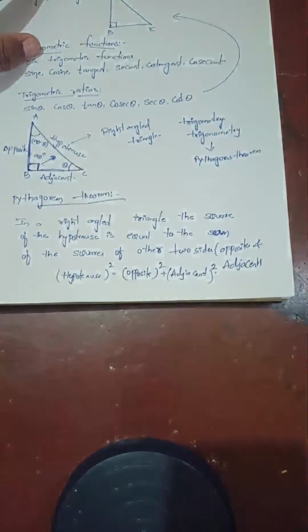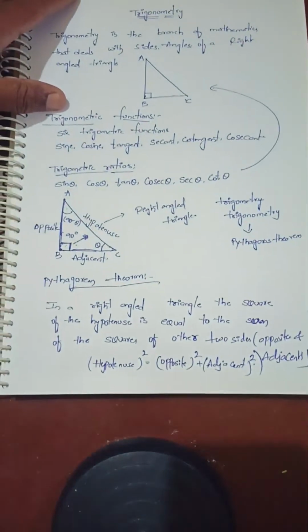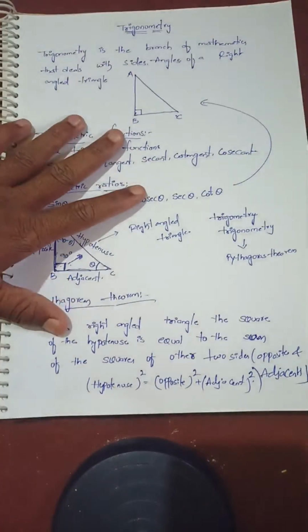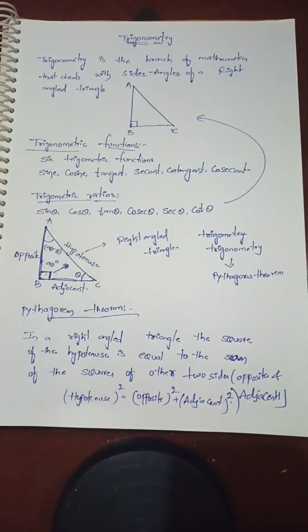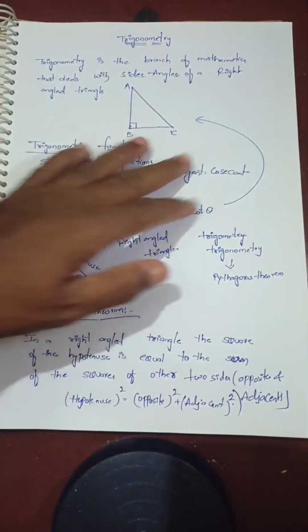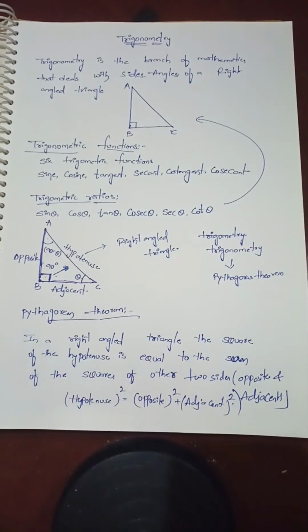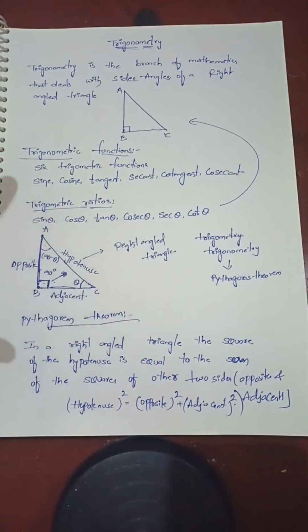More than the theorem, the statement is very important for the examination. We are going to use this right angle triangle in all the formulas. Without this right angle triangle we cannot do any problem in trigonometry. I'll wait for a minute so that you can see all this.